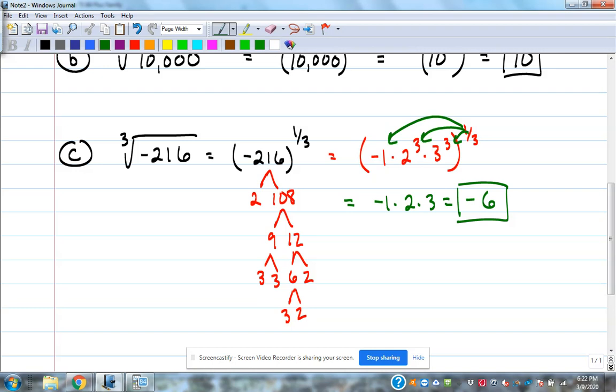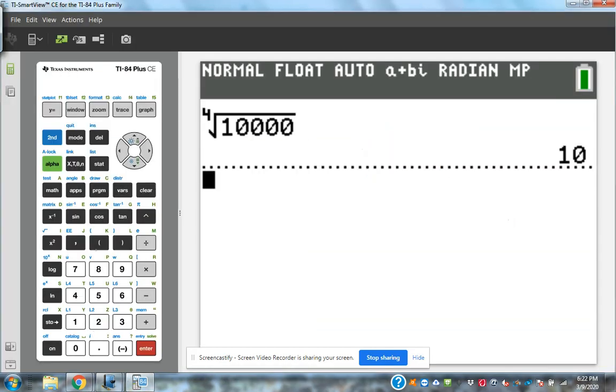Again, I'm doing this all by hand so we see the exponent rules, because it's going to help us later on when we start doing things like solving equations with this, working with no numbers, just variables. So it's a key thing to that. All right, so again, you could type that into the calculator: parentheses, negative 216, close the parentheses, raised to the 1/3 power.